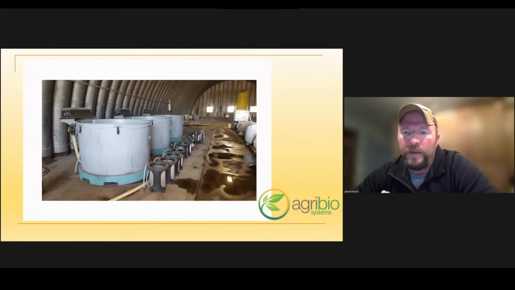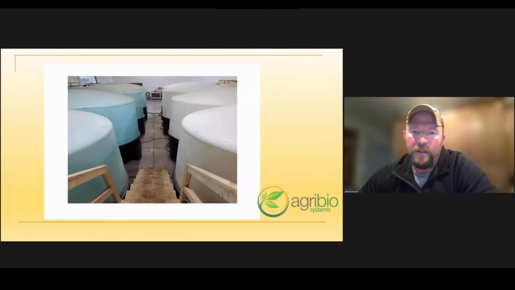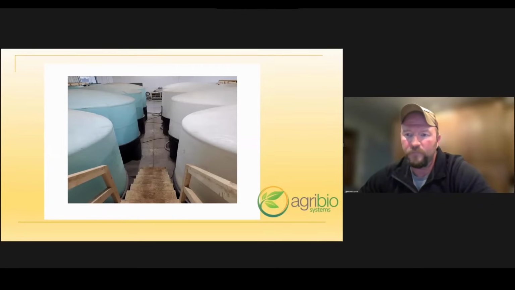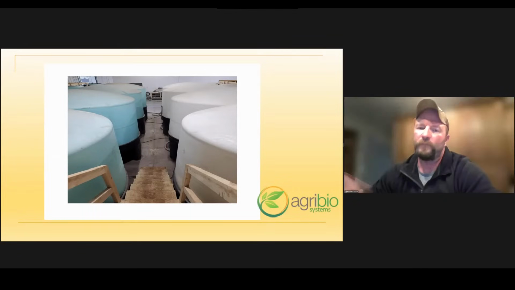But because of the success that we have seen, because of bringing solutions to people's farms, you're going to see some major changes here. This is our new facility. That was Adam. This was done four years ago. Is that correct? Yeah, we built it in the middle of COVID, 2020. Okay.